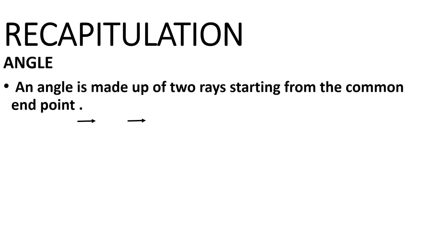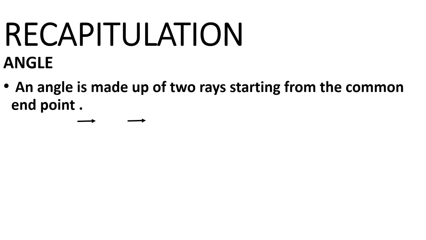In our lecture number 3, we have done angles. An angle is made up of two rays starting from the common end point. How is the angle formed? It is formed with the help of two rays starting from the common end point.